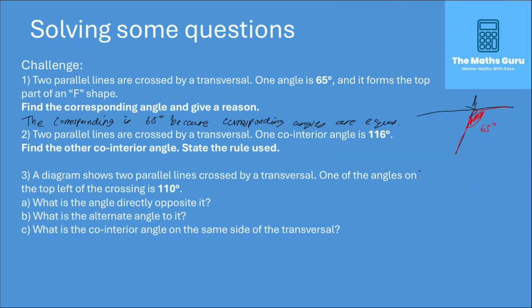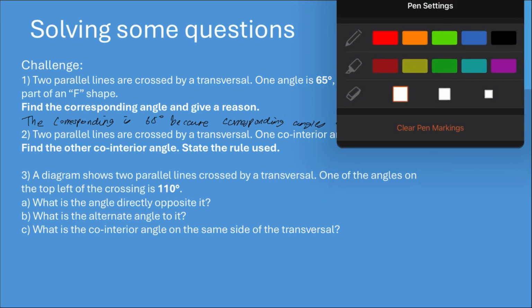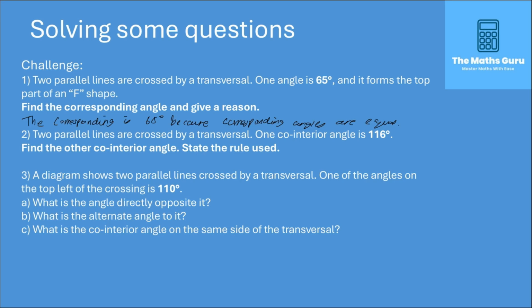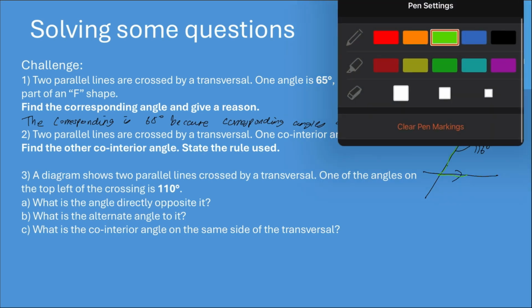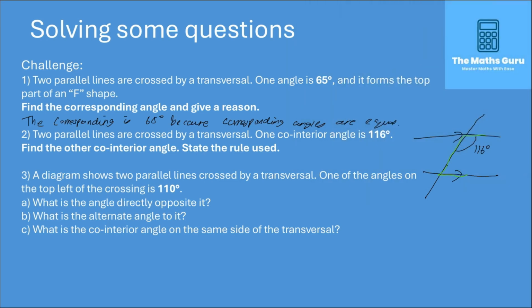So looking at number 2, it tells us that two parallel lines are crossed by a transversal. One co-interior angle is 116 degrees. So let's call this one 116 degrees. Find the other co-interior angle. So remember, we're looking for our C for our co-interior angles.